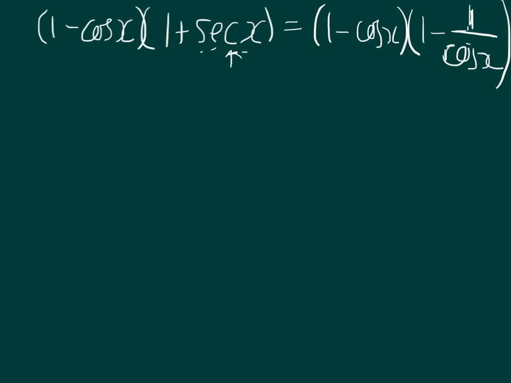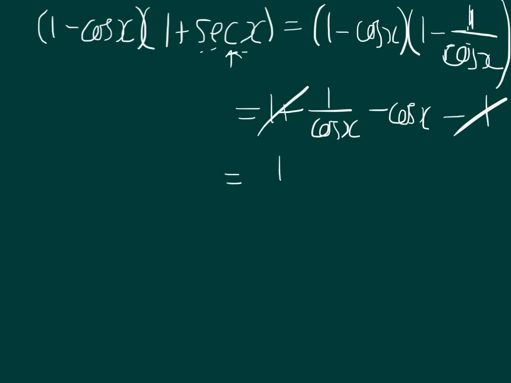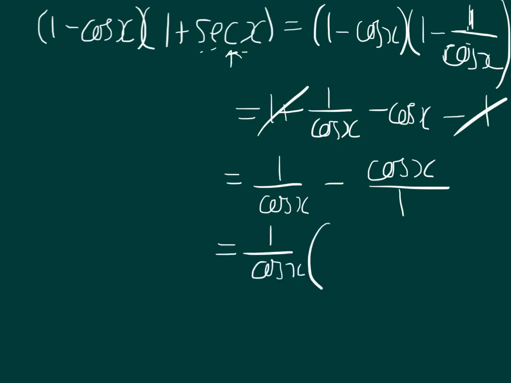Let's expand this, and we'll get 1 plus 1 over cos x minus cos x minus 1, and so those 1's cancel, and we're left with 1 over cos x minus cos x over 1. If we take out 1 over cos x as a factor, just like we did with the last one, then we've got just 1 there, and then it will be minus cos squared x. You can multiply this bit out if you're not sure how to get that.